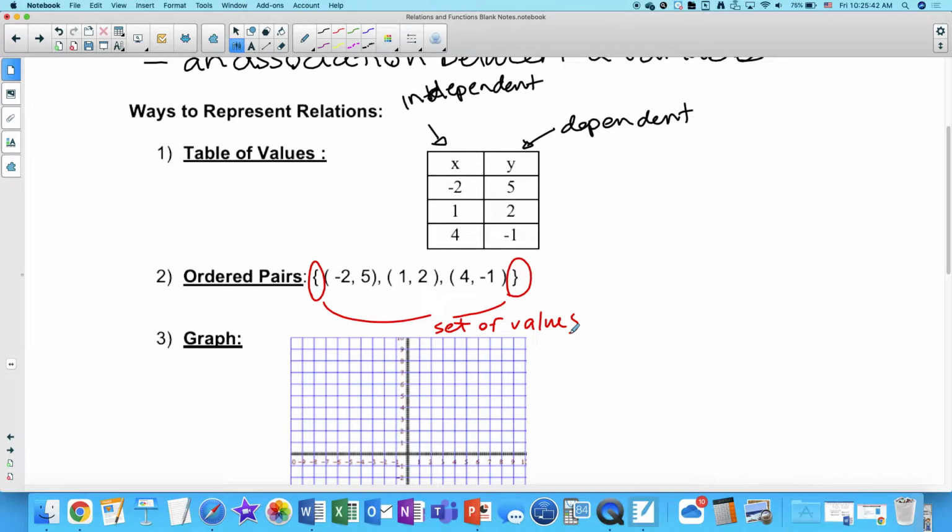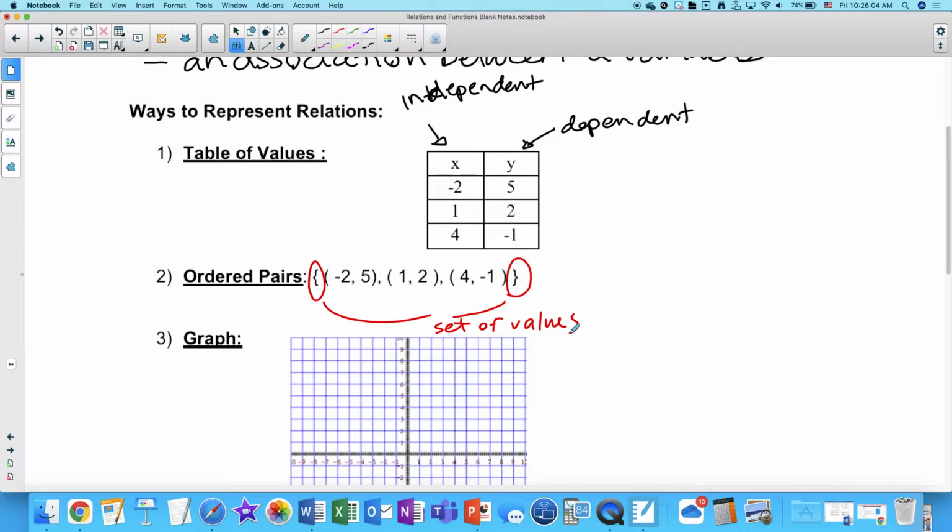Okay? Similarly to the table of values, your independent variable goes on the left of the ordered pairs, or comes first, and then your dependent variable goes on the right. Okay? So there's actually not a big difference between a table of values and ordered pairs.